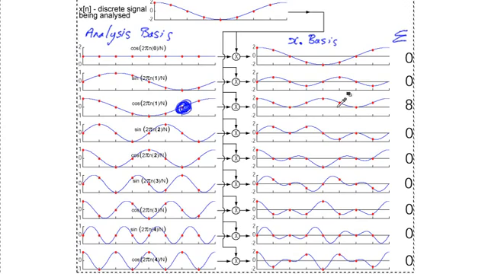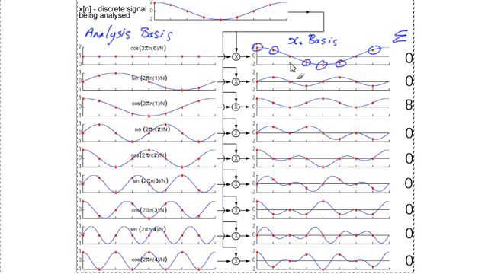So let's just confirm that. By adding these samples together I get a value of 0. The reason is that I've got 3 positive values, and those 3 positive values are cancelled by 3 negative values down here, and then I've also got 2 zero values, so the summation is 0.